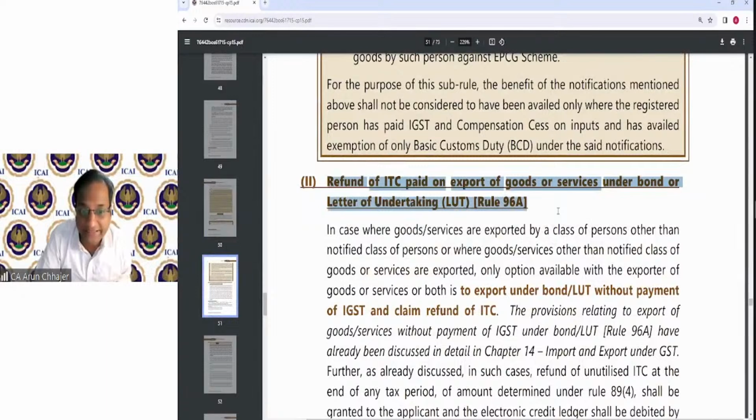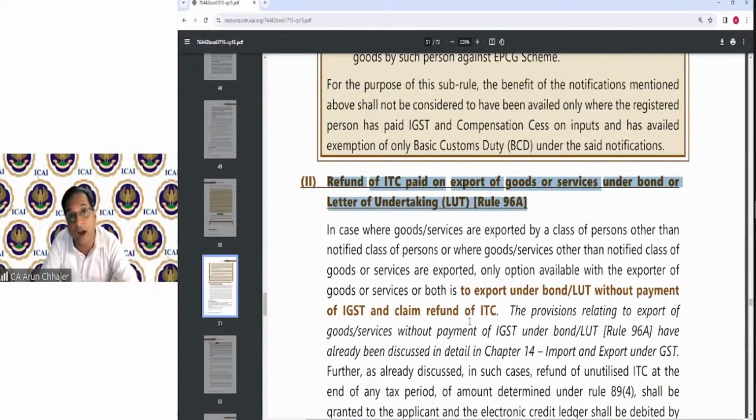Rule 96A we have discussed in the import export chapter also. You remember that if you furnish the LUT, it means it is an undertaking. Undertaking to whom? Undertaking that if you are exporting goods, you will export within 90 days, or for services, you will bring the realization within 12 months.